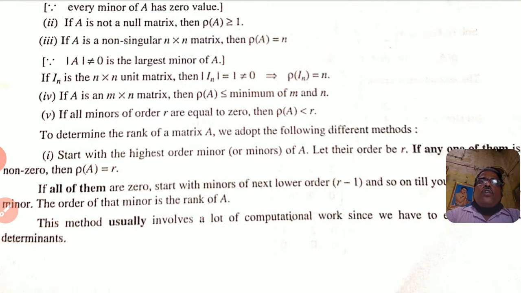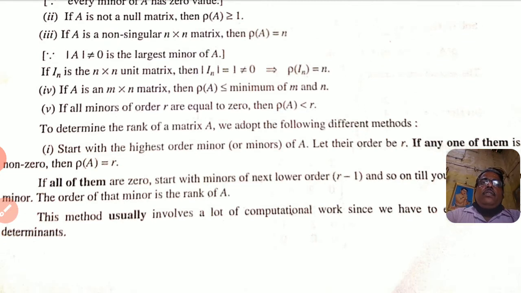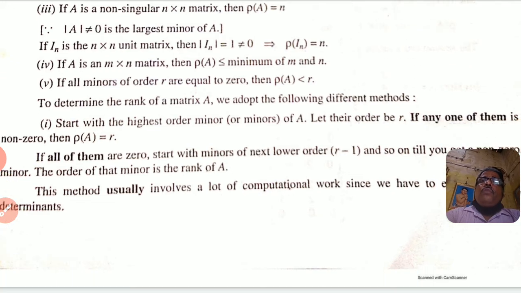To determine the rank of a matrix, we adopt one method. We start with the highest order minor of A. Suppose A is a matrix of order 5 cross 6.